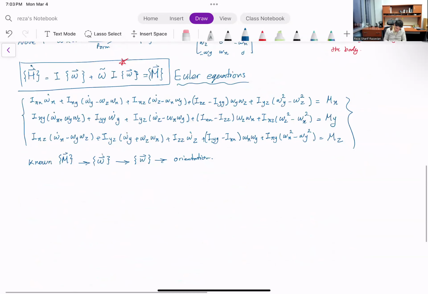So in other words, note I dot is, in matrix form, omega tilde times I, essentially some kind of cross product of omega with the tensor of inertia. So something to remember.